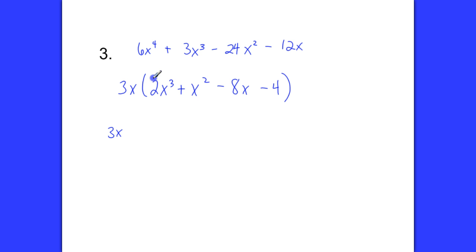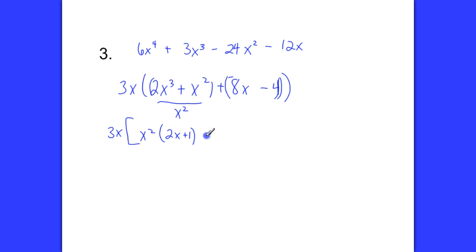Now we're going to look at these binomials like this. Actually, what we want to do is picture this as plus negative, and then look at those two binomials. Sorry about that. I'm going to do a bracket here. Here there's a common factor of x squared. So get that x squared out of there, and what you have left here is 2x plus 1.